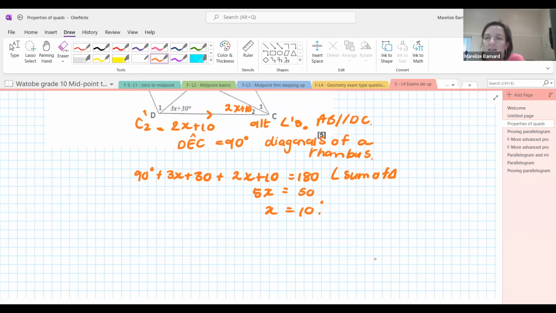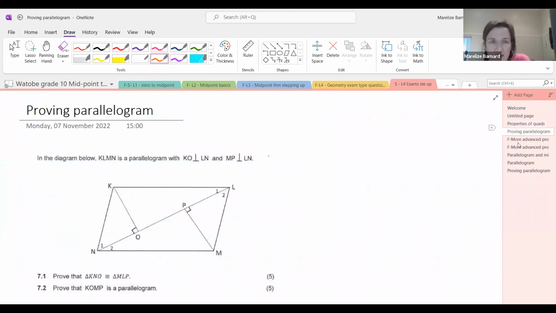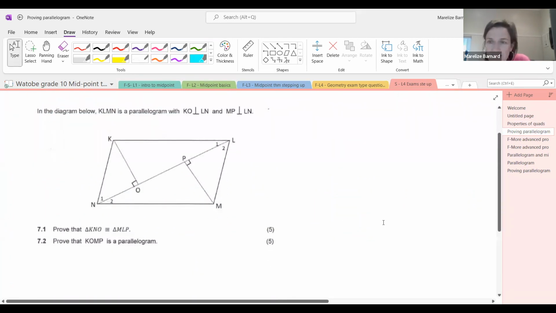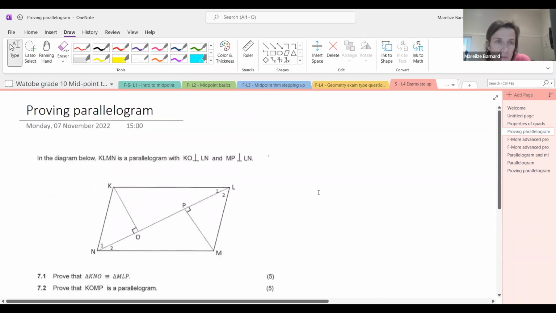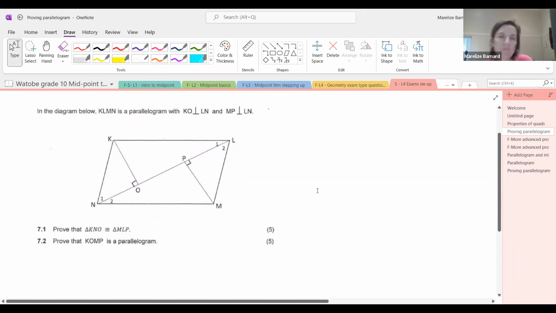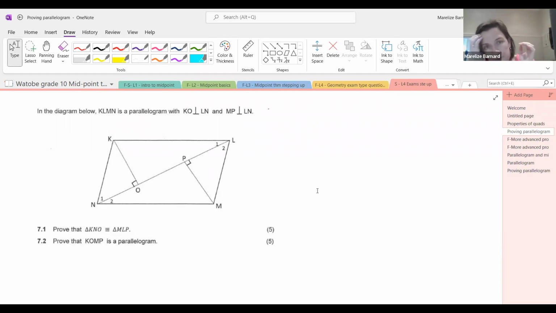Okay, good stuff. All right, so we're off to a good start. Let's do some proving of parallelograms, which you can definitely expect in your paper too. So what have we got? In this diagram, KLMN is a parallelogram with KO perpendicular to LN and MP perpendicular to LN as well.